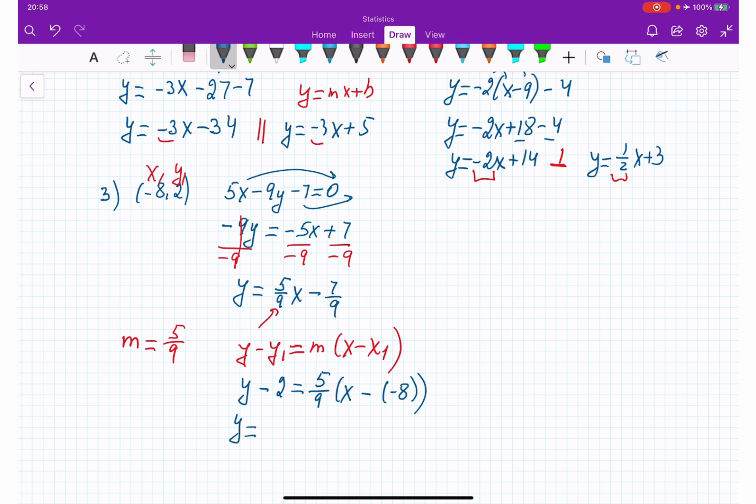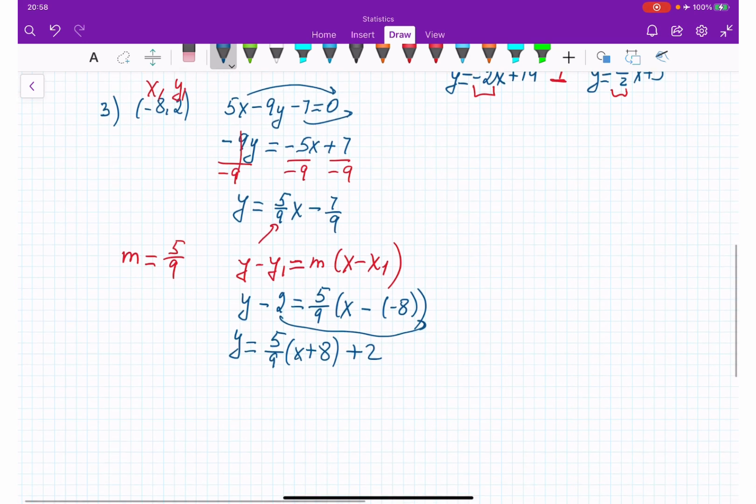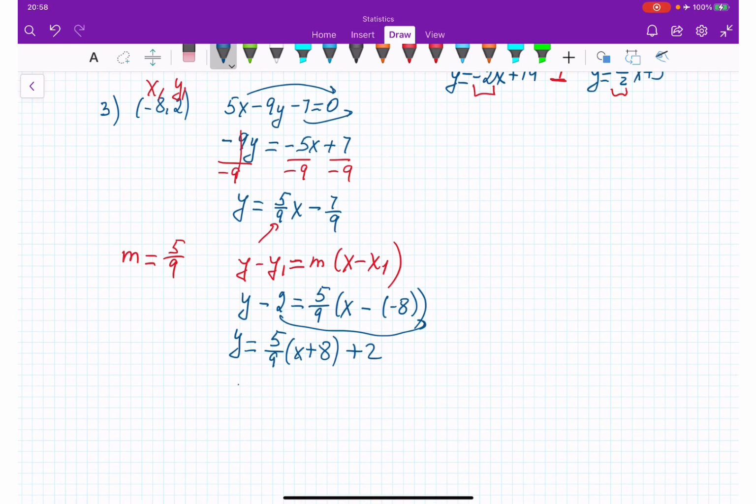y is equal to 5 over 9 x plus 8, and plus 2. So these two I moved over here, and I'm getting y is equal to 5 over 9 x plus 5 over 9 times 8, and plus 2.